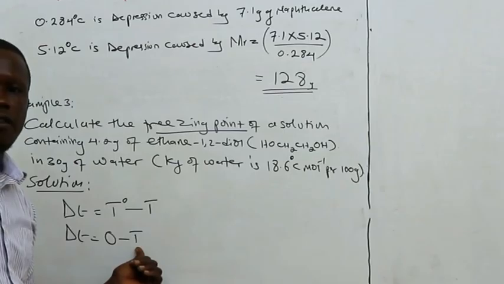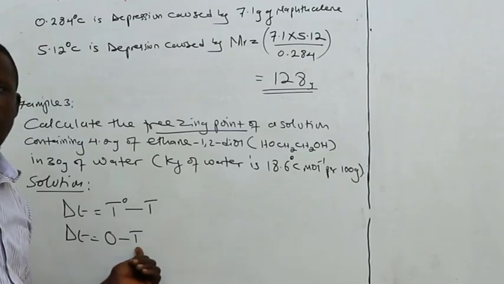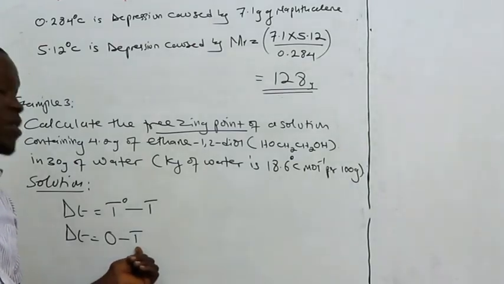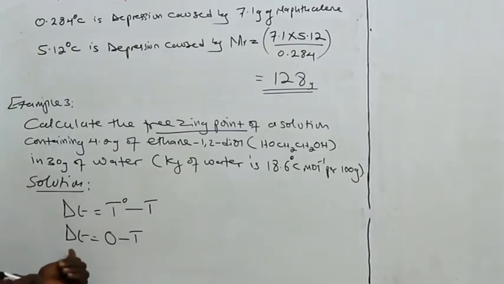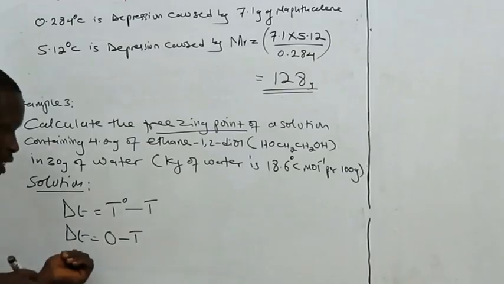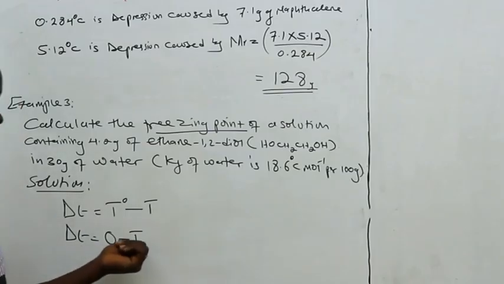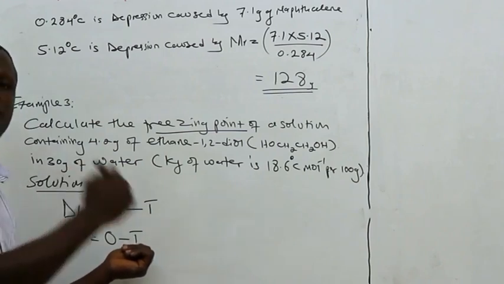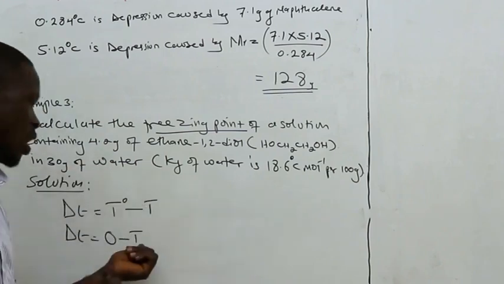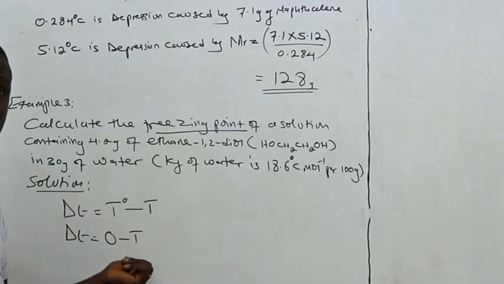So if we don't have the freezing point of the solution, it means that our calculation should target getting dt. If we get dt, then we shall make the freezing point of the solution the subject, and then we shall be able to get the answer that was asked. So our target is dt.